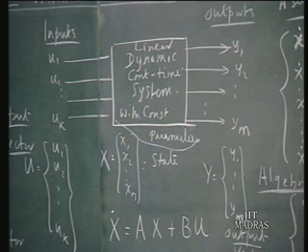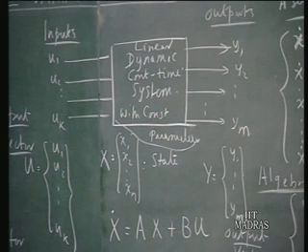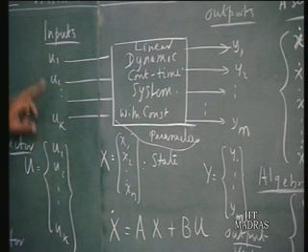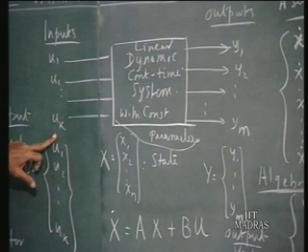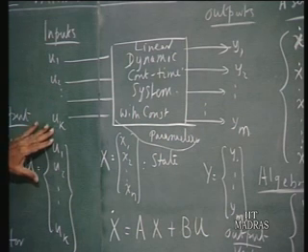In the state variable literature, x is normally reserved for the state. So, x is not the input quantity, it is the state. The input is u, and we should not confuse this u with the u that we use for unit step functions. Here they are simply variables u1 to uk, functions of time.